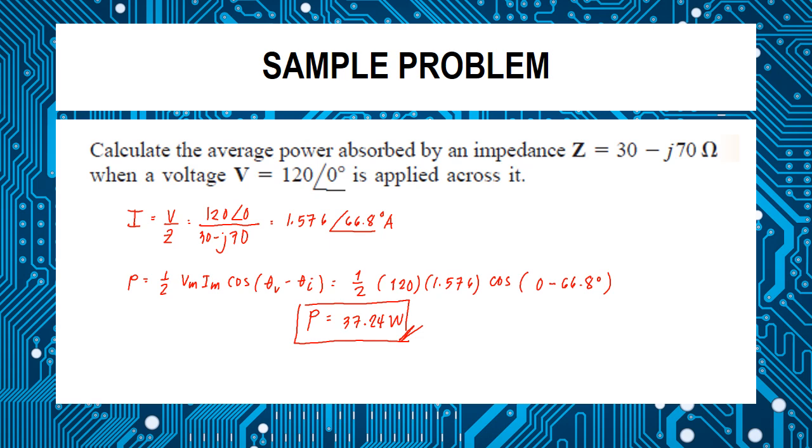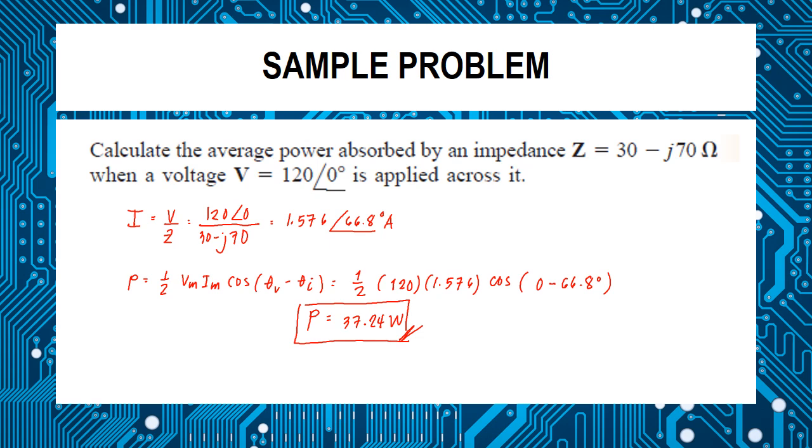Now going back to our formula for the average power, P is equal to 1/2 Vm Im cosine of theta V minus theta I. So this will be 1/2 times, now our voltage is 120 and our current is this one, 1.576.